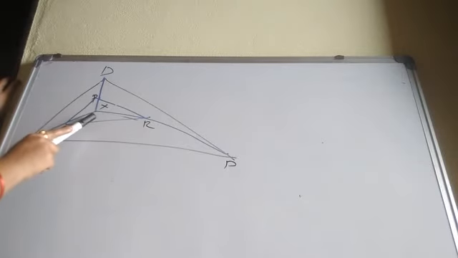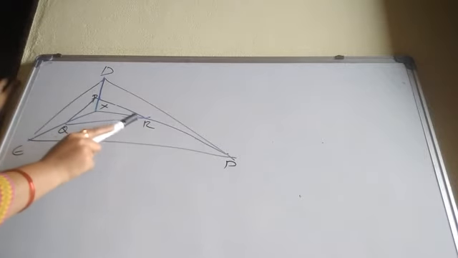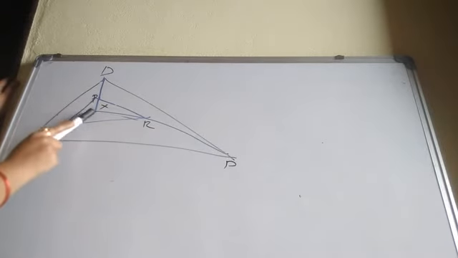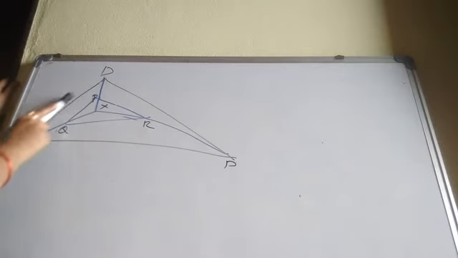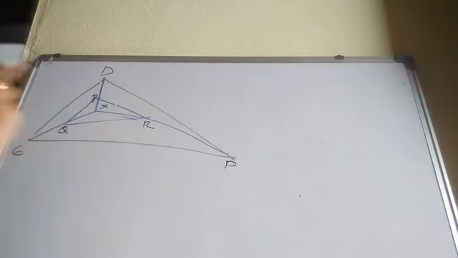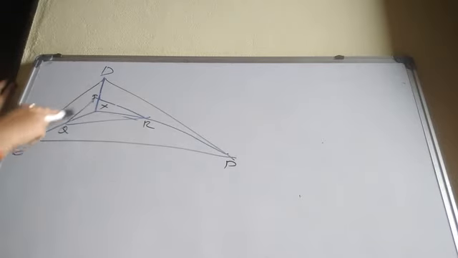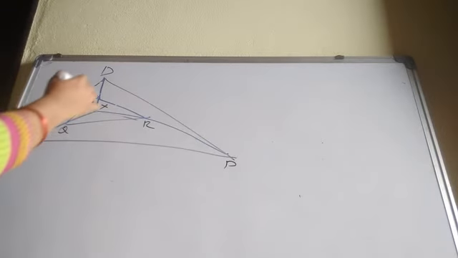X is any point in the interior of triangle DEF. Point X is joined to the vertices of the outer triangle D, E and F. Now still what is given? Segment PQ is parallel to DE.